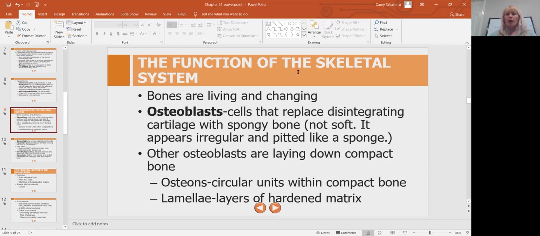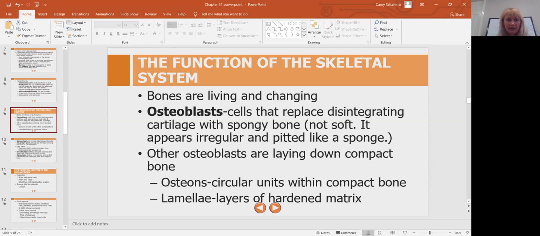Now, within that compact bone, you have this blow up. Right here. Okay. And there are structures called osteons, and you'll see those are the circular units within that compact bone.